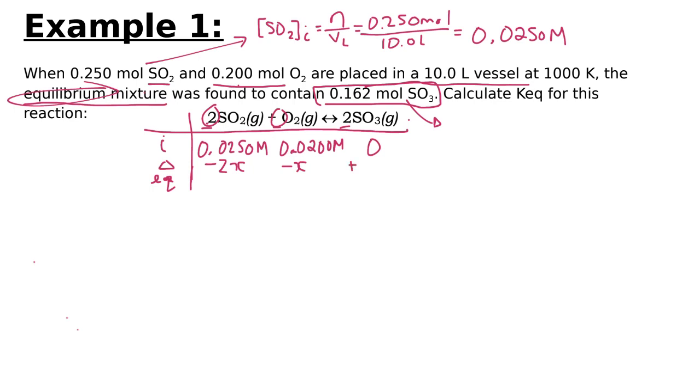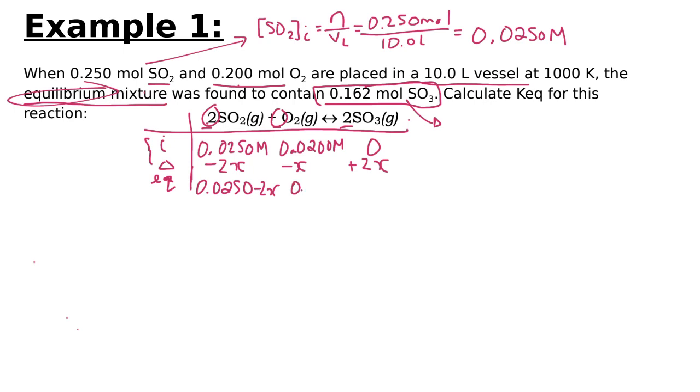SO3 is going to increase over time, right? Because reactants are going to collide and make products. And it's going to increase by twice the amount because of that too. So remember, at equilibrium, we take the initial concentration plus the change. So at equilibrium, we're going to have 0.0250 minus 2x for SO2.